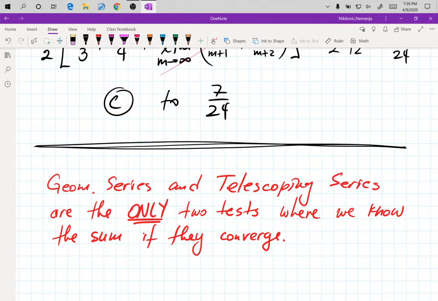That's why these are the 2 special tests that we learn first, because they can tell you the value it converges to. So your answer will just be, it converges by root test, it converges by integral test, it converges by p-series, right? You will just say it converges, but you will not be able to specify a value. So that's going to be for the rest of the chapter. For these 2, that's it.